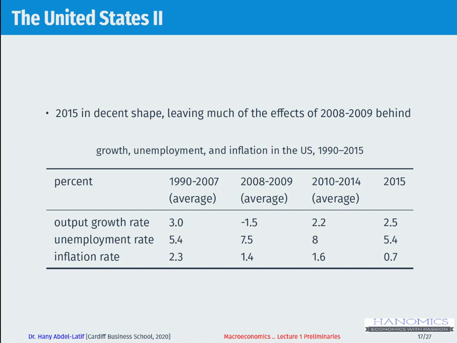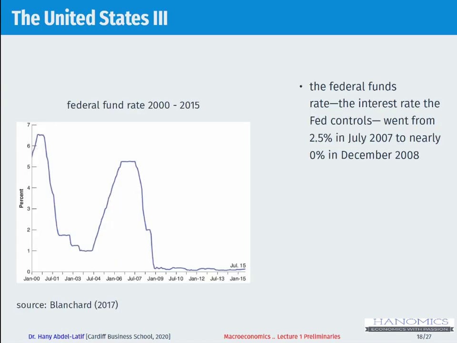That gives you an indication that unemployment usually takes longer to recover from a recession, a shock, or a crisis compared to GDP. But then it improved after that. If you look at 2015, it seems in much better shape compared to 2007.